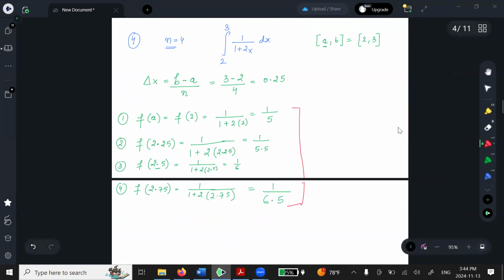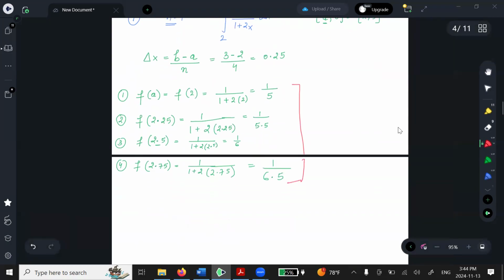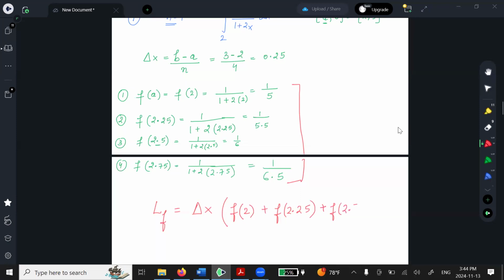After 4 values. What is the Riemann sum? The left Riemann sum will be delta x that you calculated and add. So I begin adding from f of 2, keep going, f of 2.25. You don't have to write this in the exam. This is just for your understanding. I'm adding all these values. 2.75.